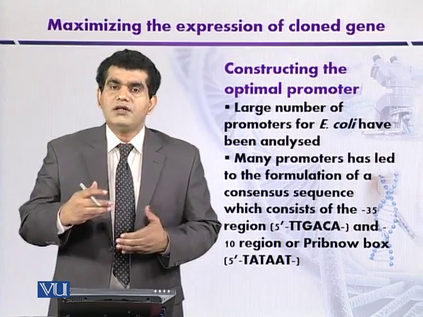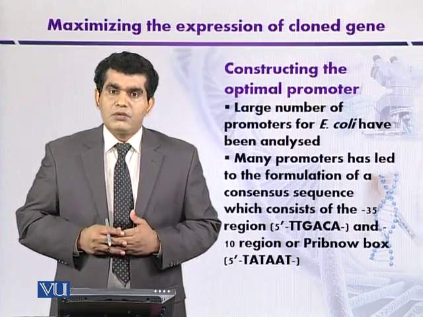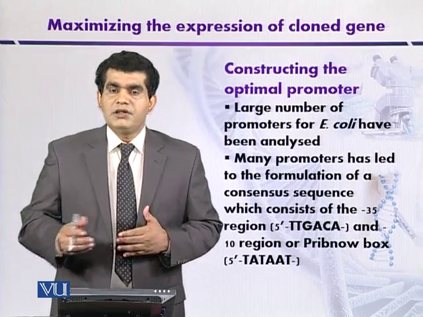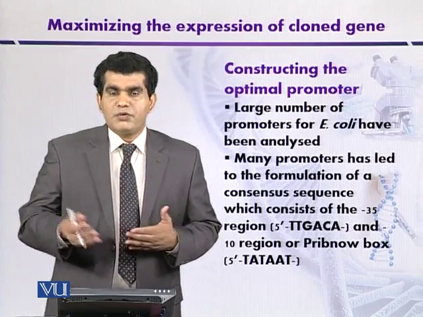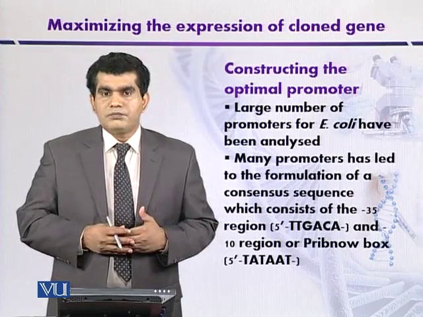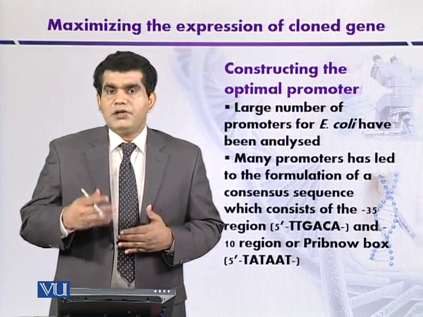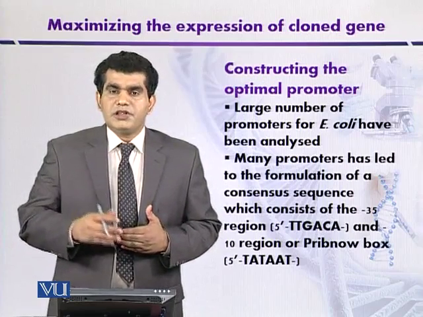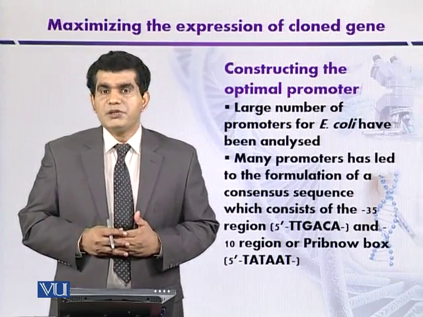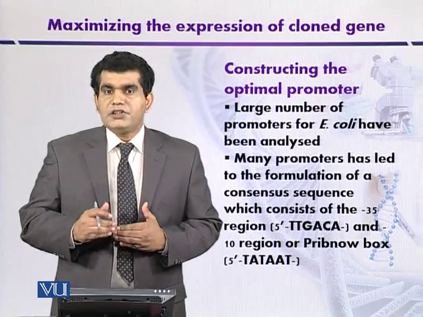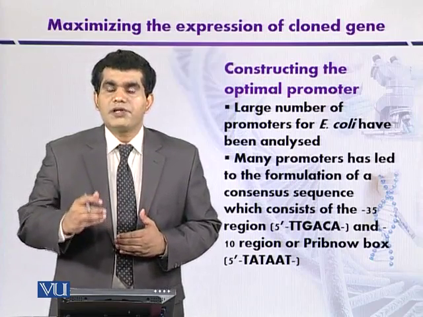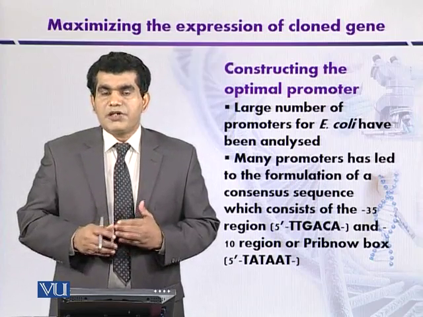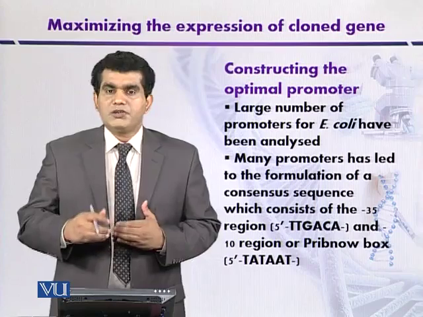It does not have 100% homology with the consensus sequence that I mentioned, that is the -35 or -10 region, like the trp operon, a trp promoter, like the lambda PL promoter. So they do not have 100% homology. And it has been reported that if the sequence is more closely related to the consensus sequence, their expression will be high. So the promoter will be much stronger.